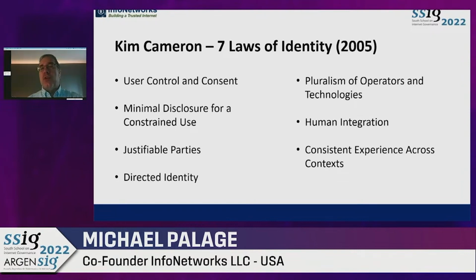These are principles that are well established in the GDPR. But what is amazing is Kim, when he wrote this paper back in 2005, had the foresight to see what these key principles or laws of identity would be. So while people may disagree on the definitions, what is key is to focus on these principles to measure all the solutions.